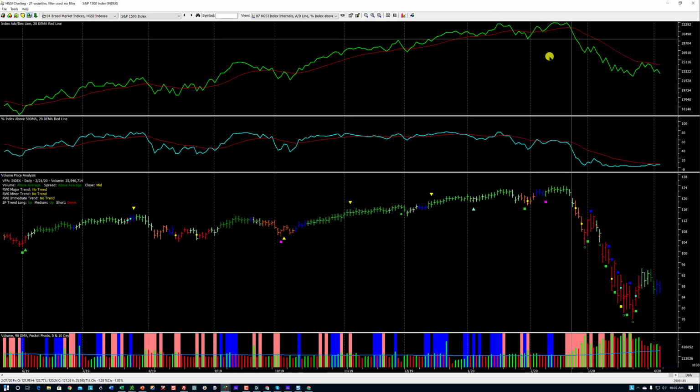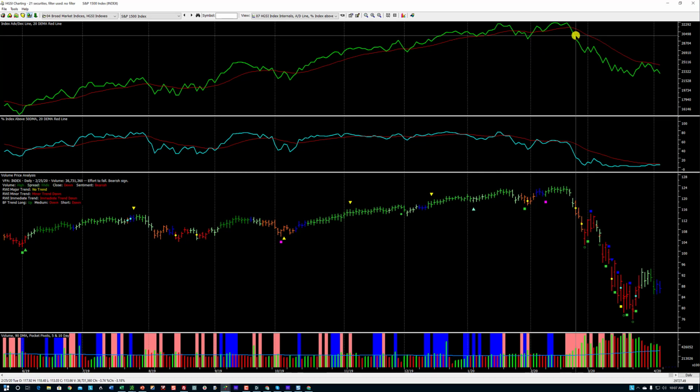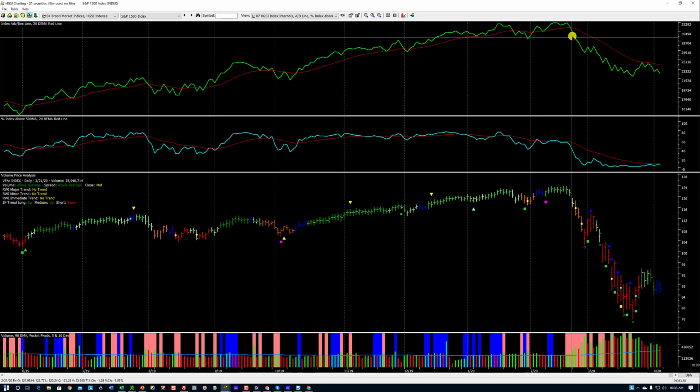And then when we do get the decisive break, we already know that it's into a deteriorating market. That's what this window right here is showing us.